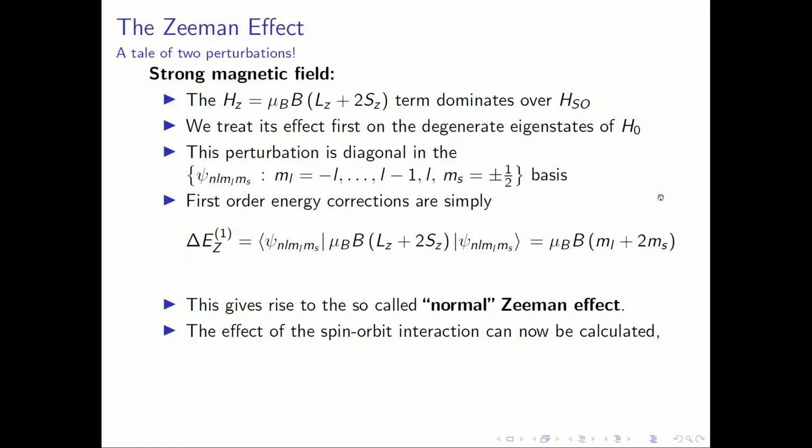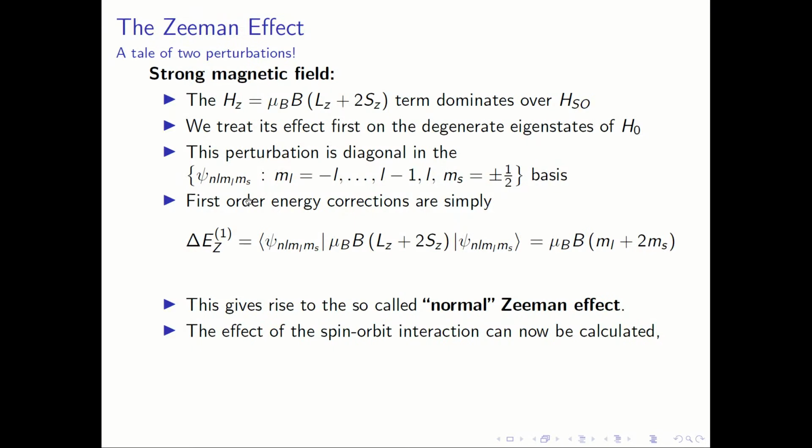Of course, you have the perturbation H_SO still on top of this, but since we have assumed that H_SO is much smaller than H_Z because of the large size of the B, the effect of the spin orbit interaction can be treated as a perturbation on top of this. Of course, now you no longer have a degenerate theory. These are your energy eigenfunctions, so you have to use the χ_nlmlms basis.